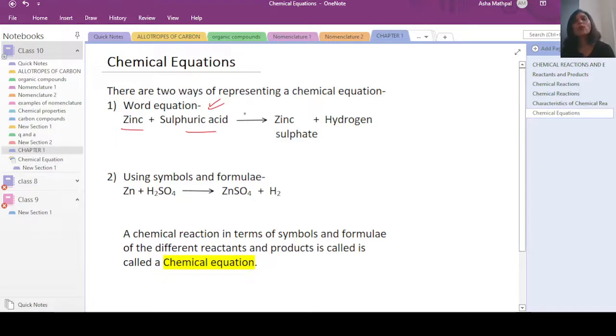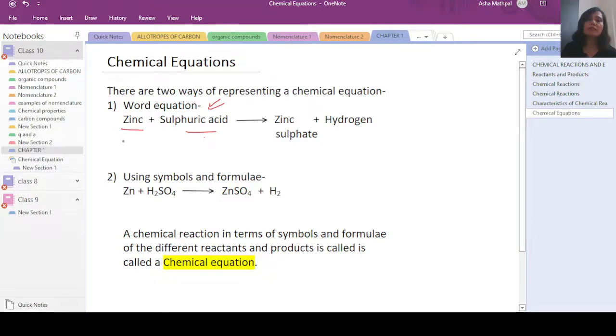So this is a word equation, but we cannot always write word equations. First of all, we cannot keep on writing the full sentence: zinc reacts with sulfuric acid to give us zinc sulfate and hydrogen. So to shorten this whole paragraph, we pick the main words and use them to show the reactants and the products.